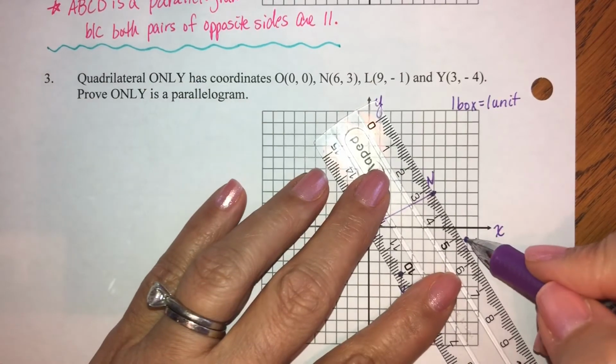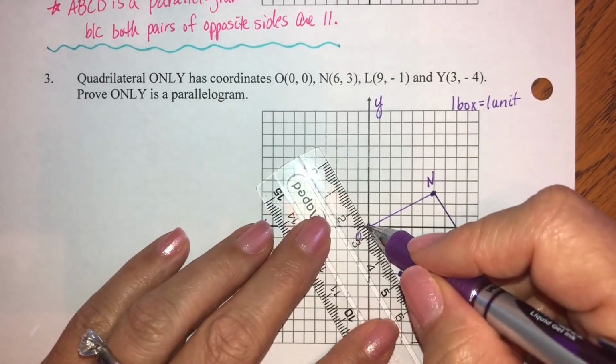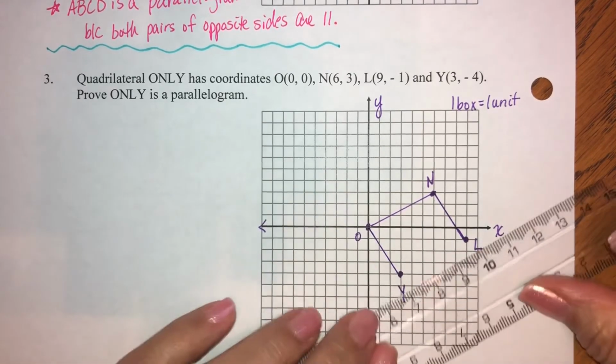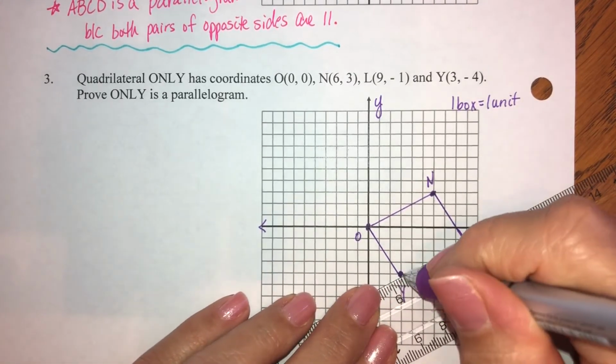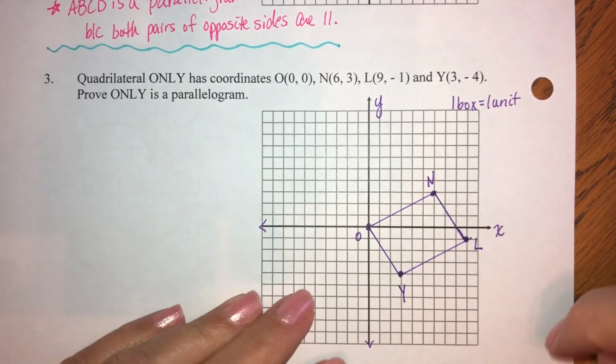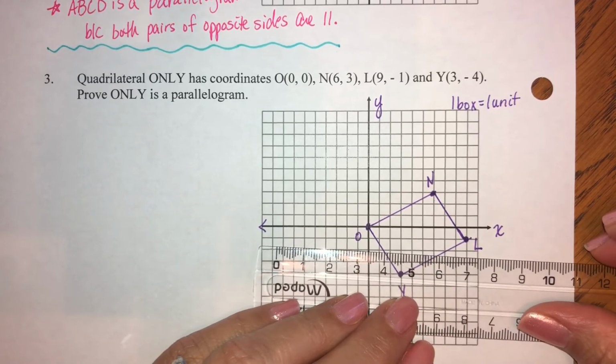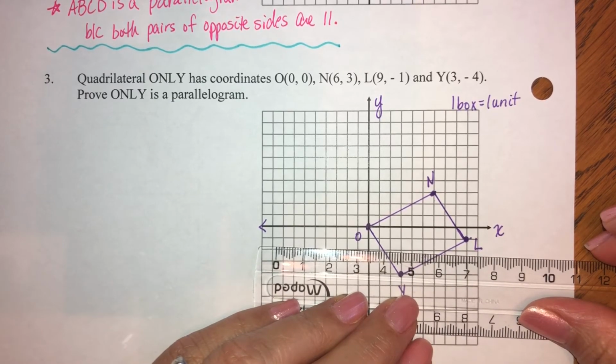And so when I go ahead here and graph this, if I want to show that the midpoints are the same, I'm talking about the midpoints of the diagonals being the same.